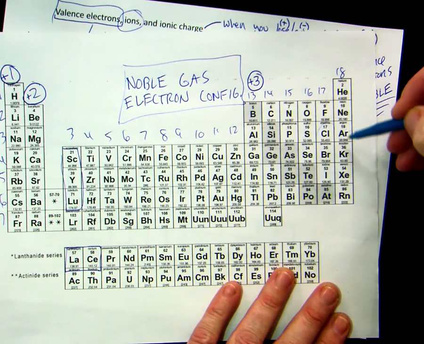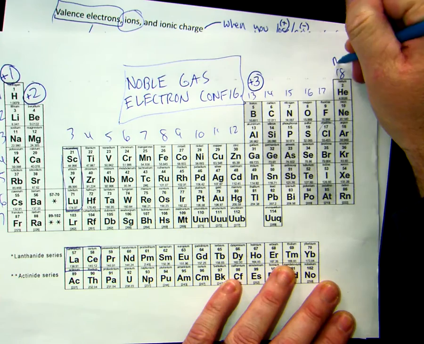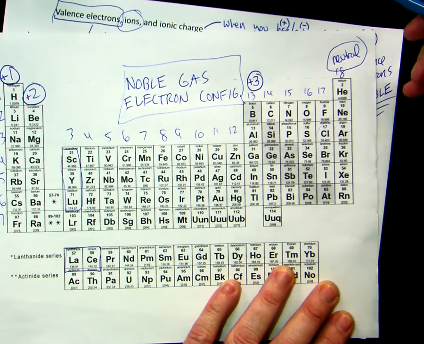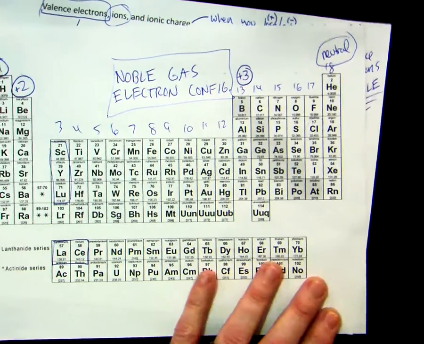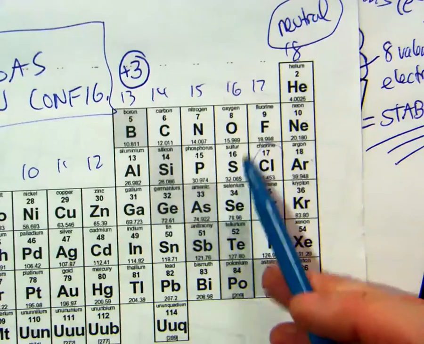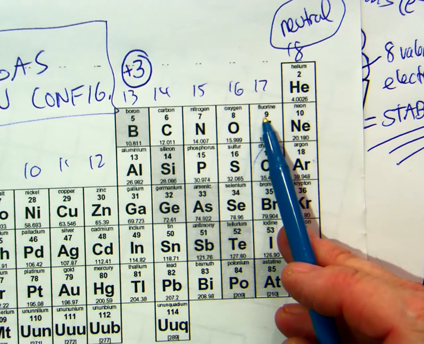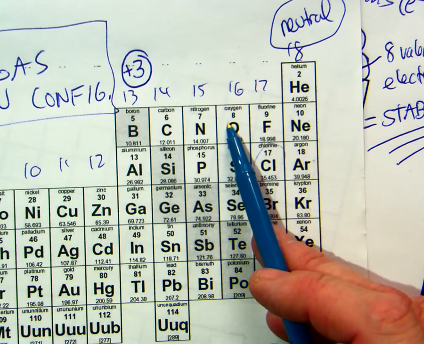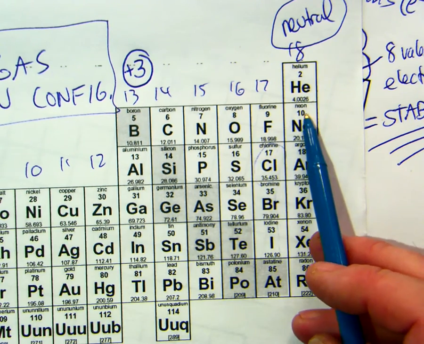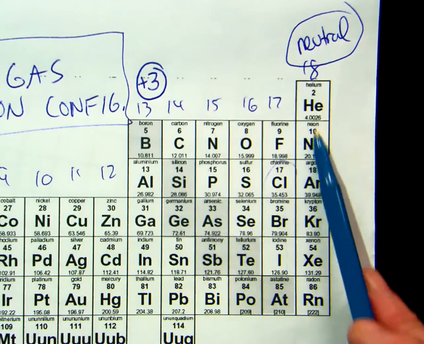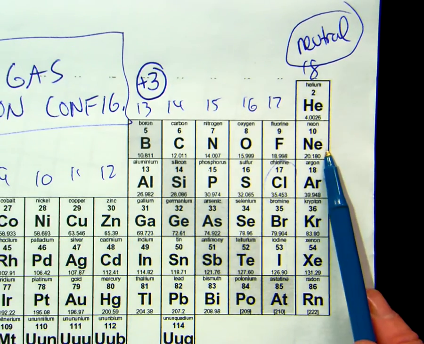Now, if we start here with the noble gases, they always stay neutral. No charge. But what do you think happens with fluorine? It has 9 electrons, and it wants to have a noble gas configuration. So what do you think it does? Does it lose an electron? No, it would gain an electron. Yeah, so over here, these lost electrons to have a similar configuration to the noble gases.